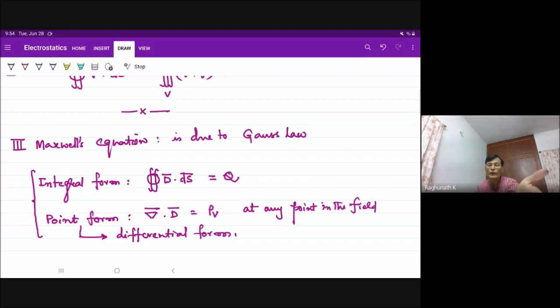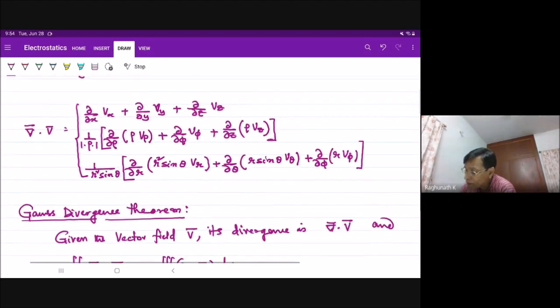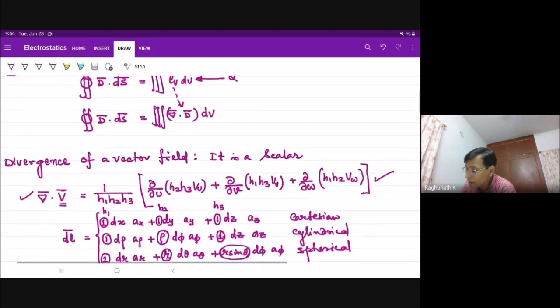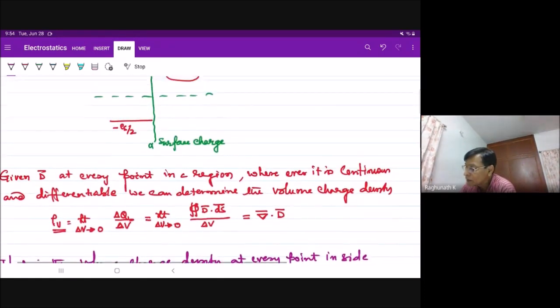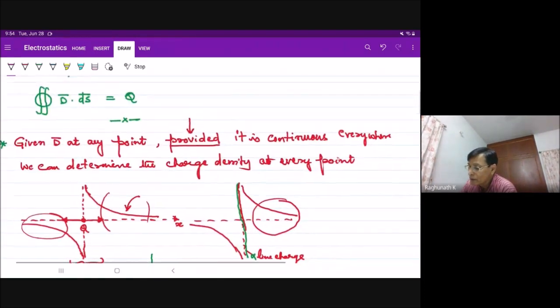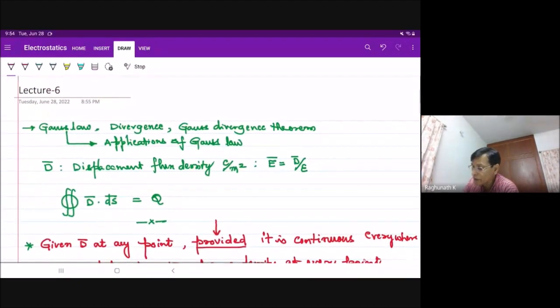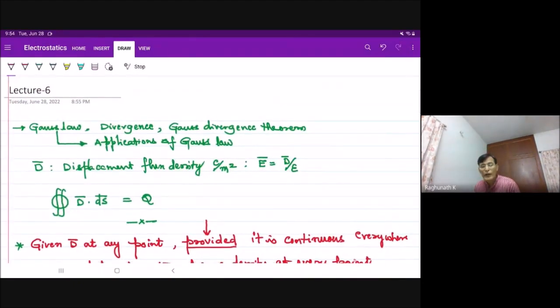This we know very well. I'm ready to explain your doubts, beyond which today I'll speak about a few good applications of Gauss law which are useful to us.